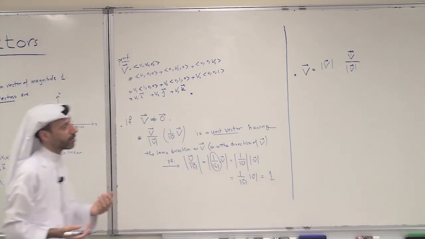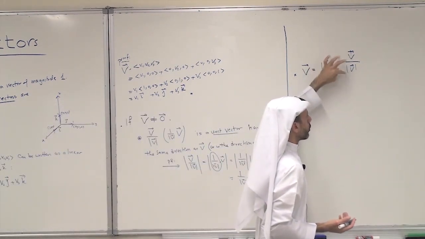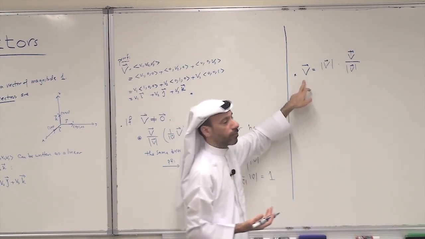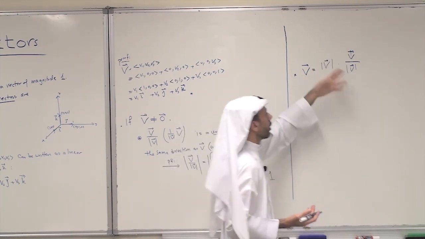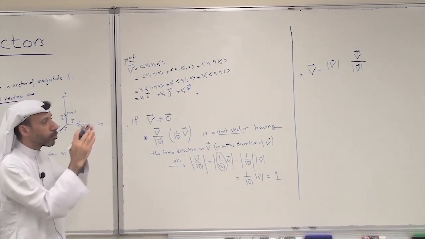And this is obvious. Magnitude times v over its magnitude will be the vector v itself. You just cancel this and you get v. But the key point here is just how to read this.